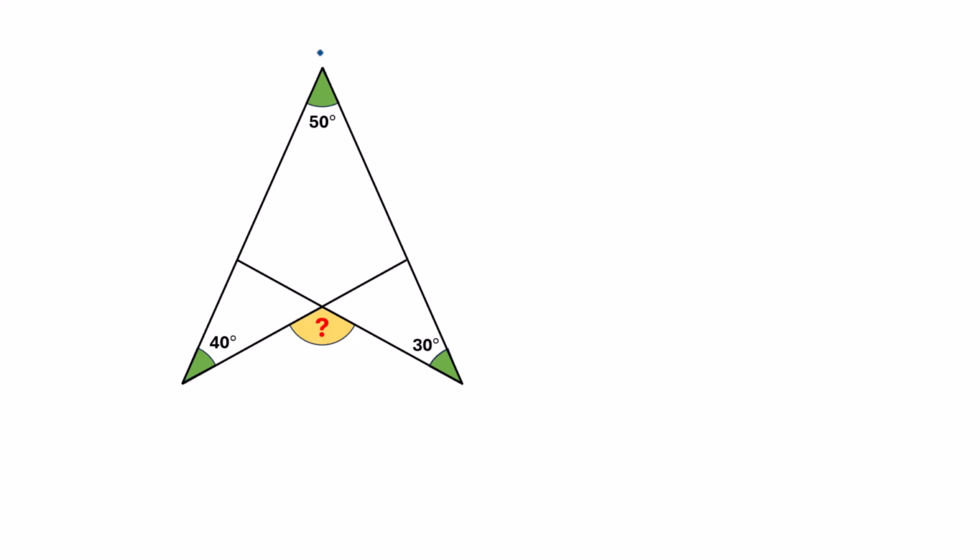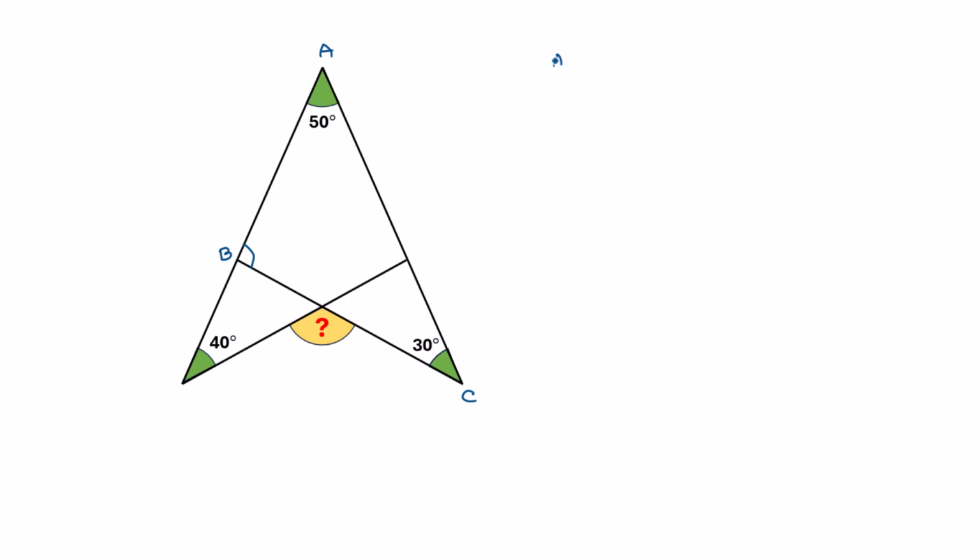At first, consider this triangle ABC. In this triangle, the sum of these three angles, angle A and angle B and this angle C, will be 180 degrees.